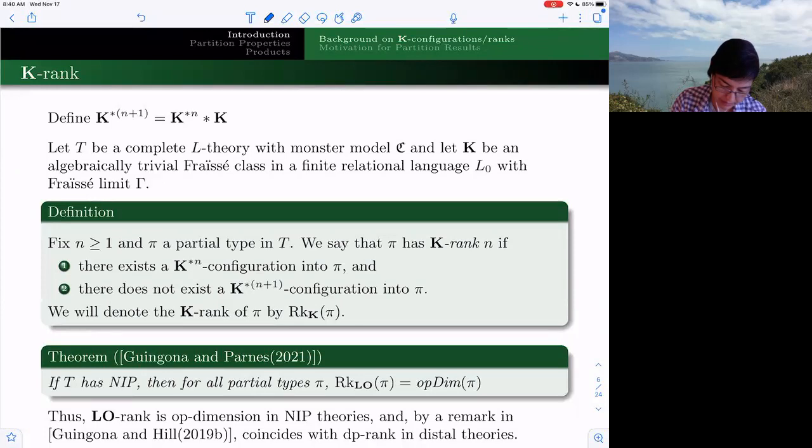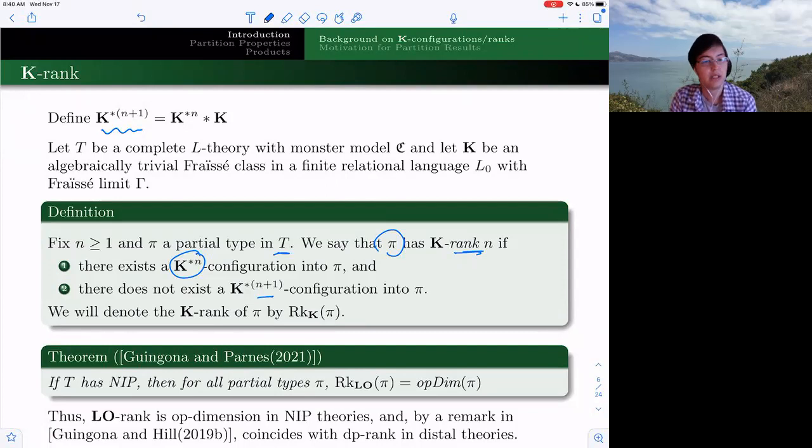So basically the idea is that a partial type in T has K-rank n if it admits the n-fold product, n-fold free superposition configuration. So that could be n independent orders, but not the next value up. To be rank 0 is not to admit a configuration at all.